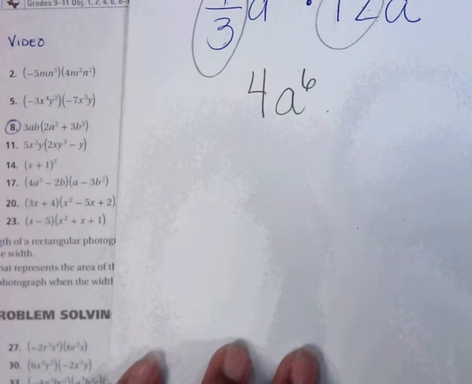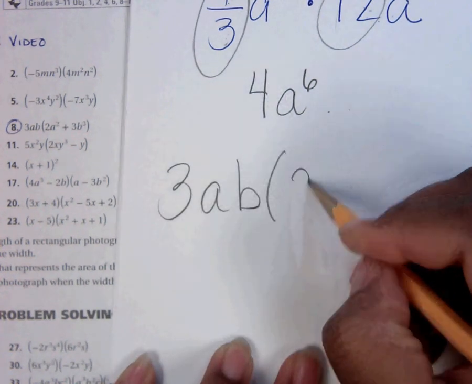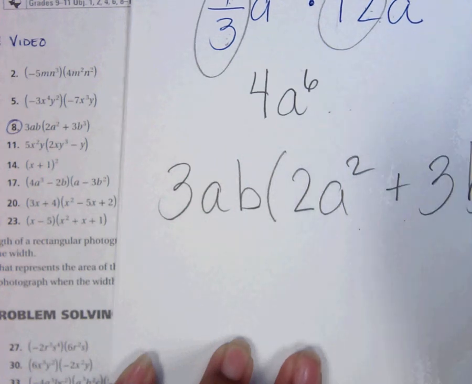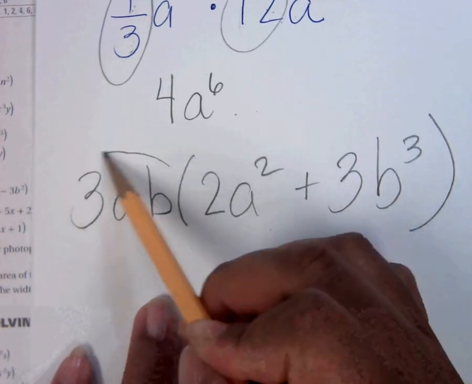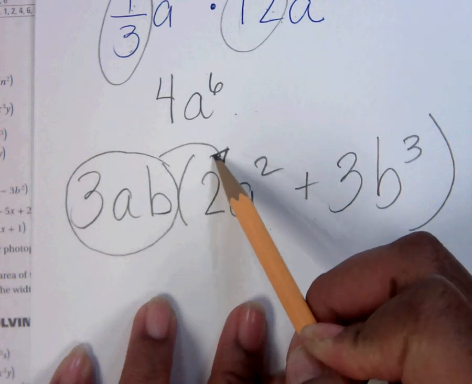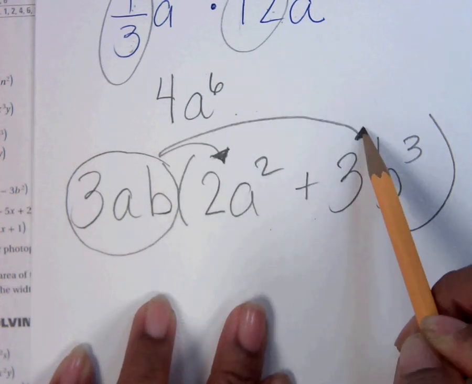Okay, on number 8, we are dealing with a slightly different problem. Okay? Number 8, you have to take this monomial and multiply it to this first term and then to this second term.